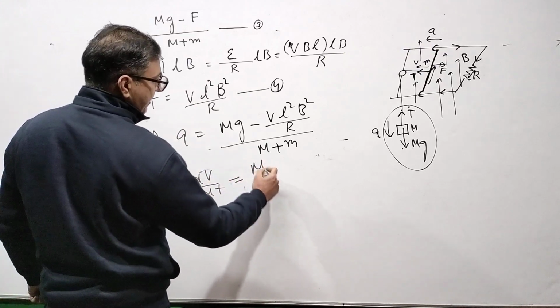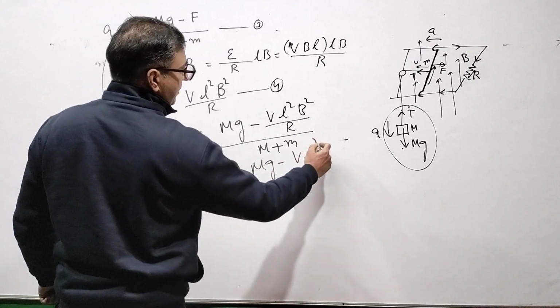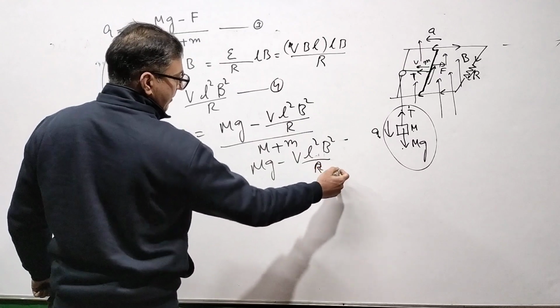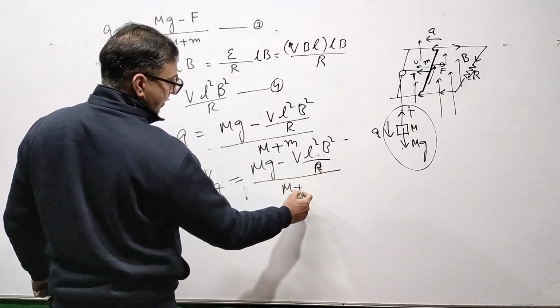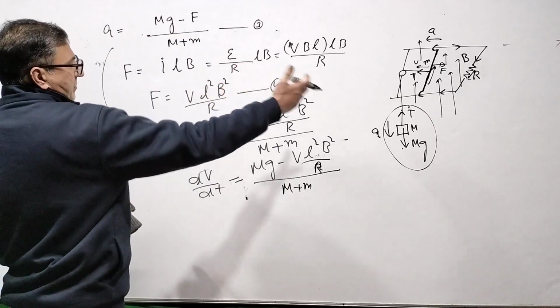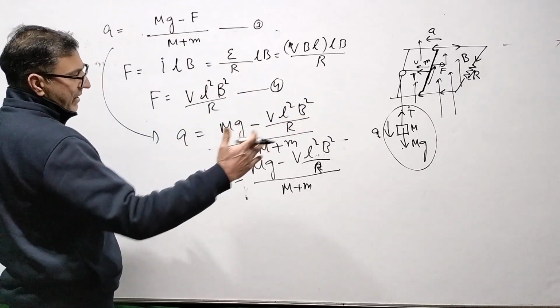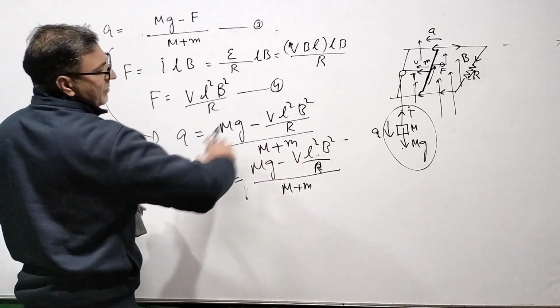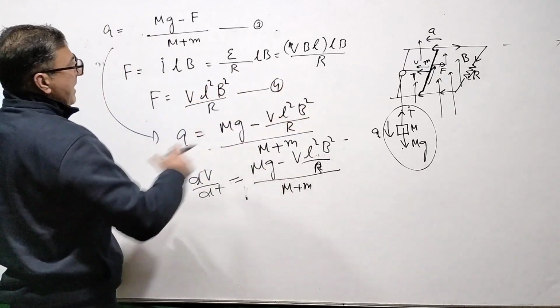That is equal to mg minus VL square B square by R, divided by m plus M. Now put the v terms on the left and time on the right. It is called separation of variables. We have to put the velocity term here, and the time term there on the right side.